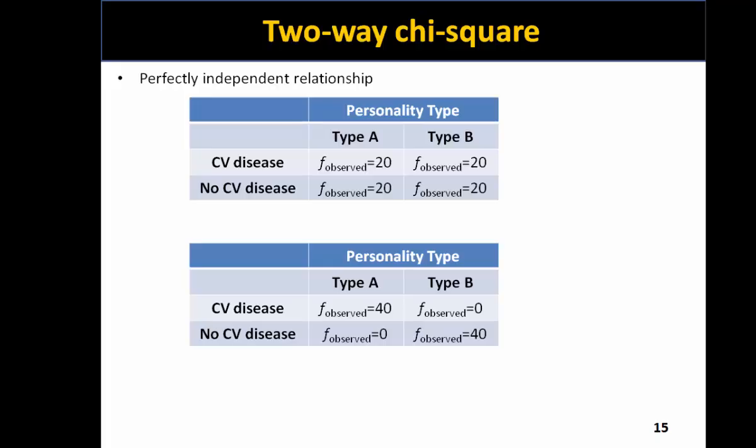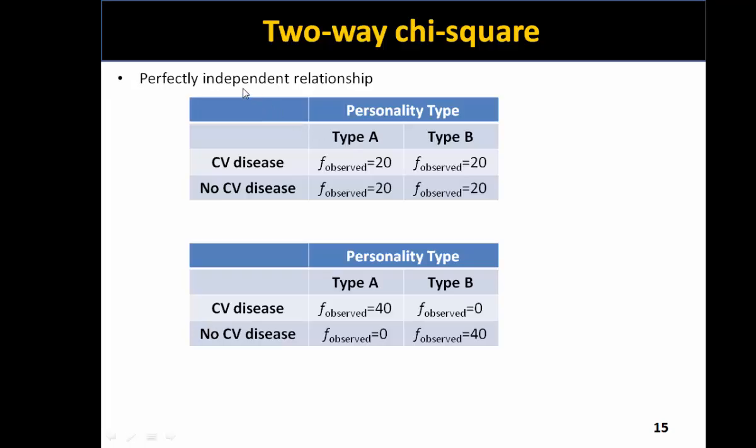In the first example, we have 20 individuals of type A with cardiovascular disease, and 20 individuals that fit the type A personality with no cardiovascular disease. Likewise with type B, we have an equal number of individuals identified with cardiovascular disease and without cardiovascular disease.